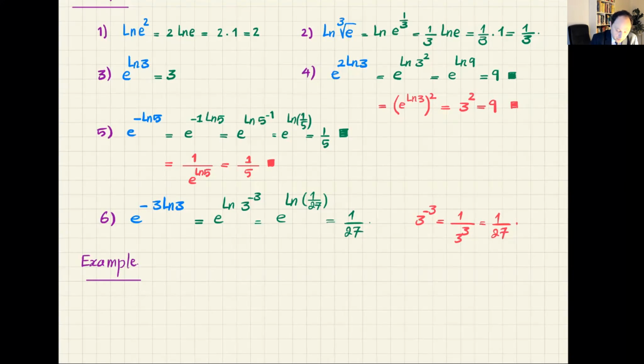Solve the following equations. Okay, so number 1, we want to find x. Let me start with a very simple one: ln of x is equal to minus 2, and I want to solve that.